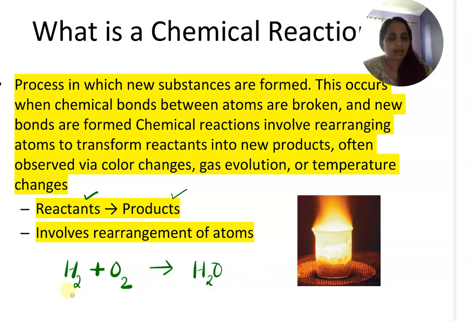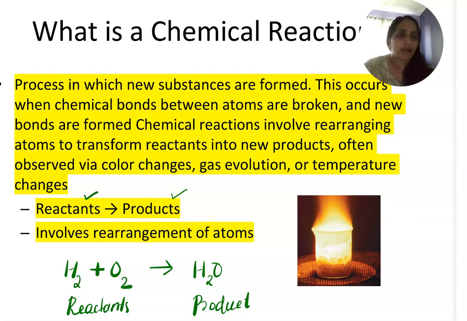I think you all know this answer. Hydrogen plus oxygen. So hydrogen and oxygen are the reactants here. On the left side, you write the reactants. Then the product is water here. So, a chemical reaction is a process in which new substances are formed.